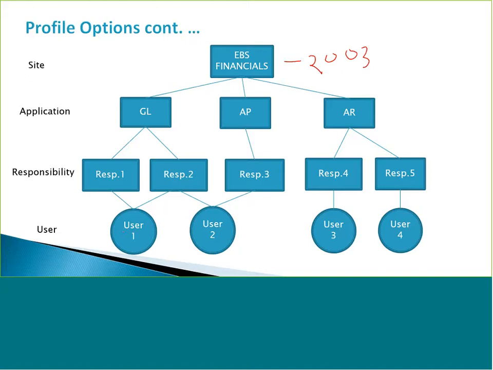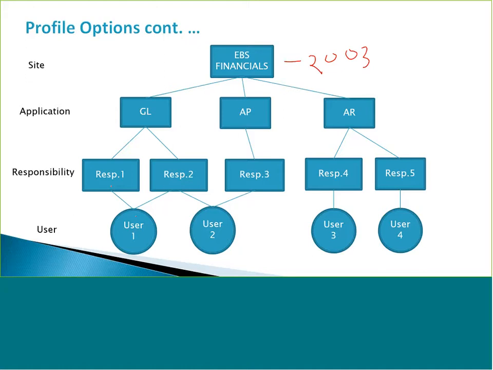Oracle starts looking for this profile option from the bottom level, all right, from the user level. So Oracle is going to come and check at the user level and see that there is no value for the Excel version profile option that has been set. There is no value that has been defined at the user level, okay? So it's going to leave that level and it's going to go to the responsibility level.